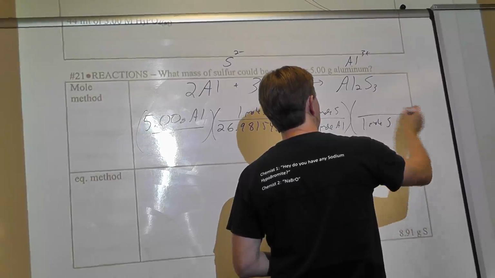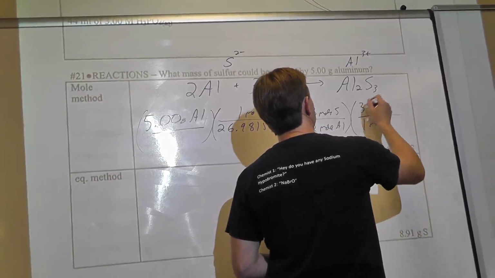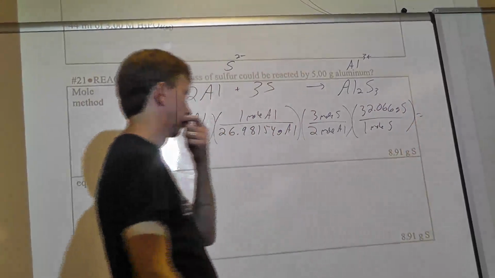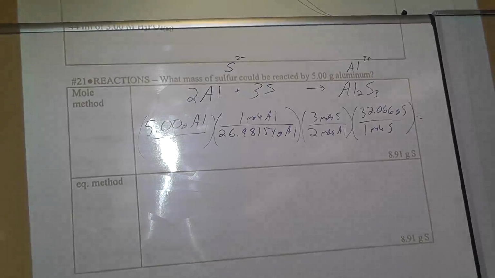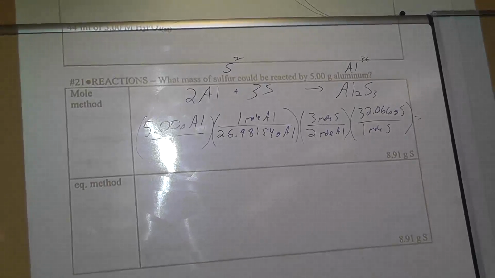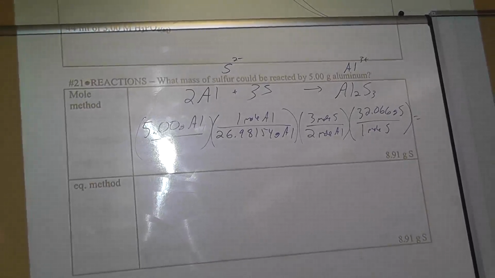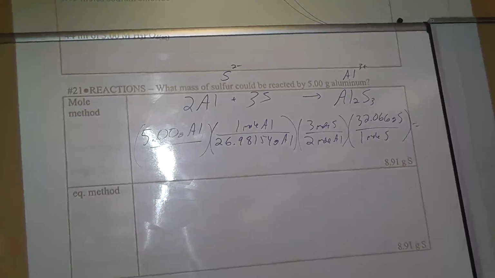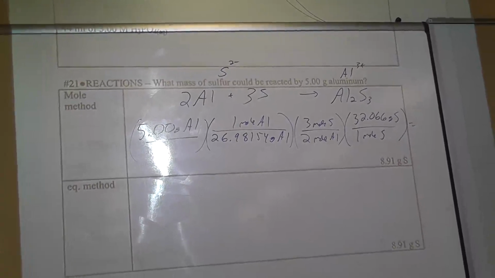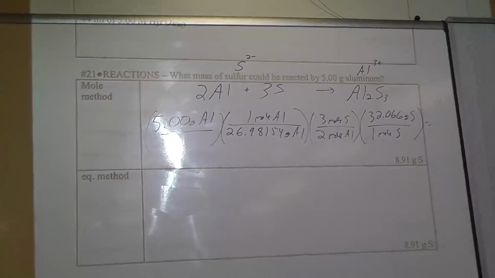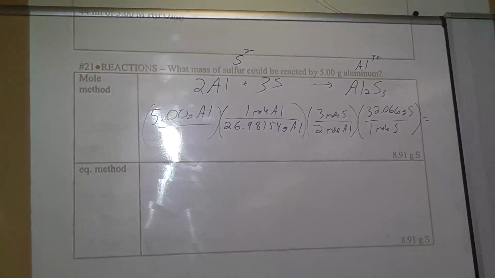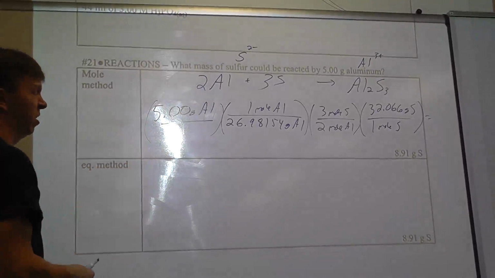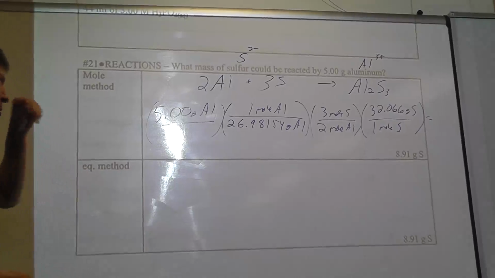And then molar mass of sulfur, 1 mole of sulfur is 32.066 grams. The common link in the equation is the mole ratio. They're reacting in a 3:2 ratio. We use molar mass to go in and out of moles. So there's nothing new in that part. That's the old method. That's the mole method. And you do the math and you get 8.91. But that's the process.